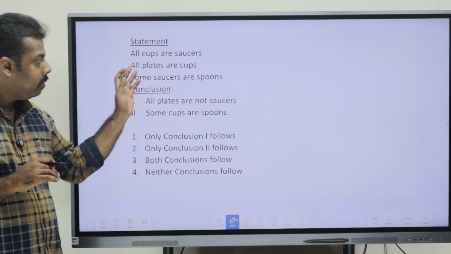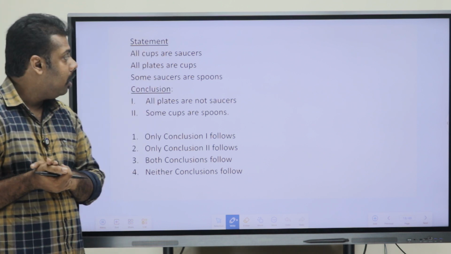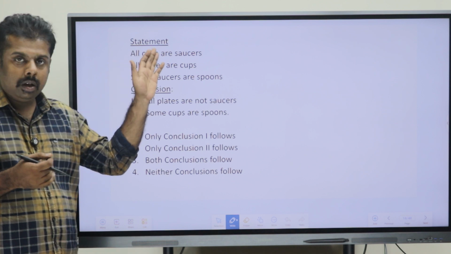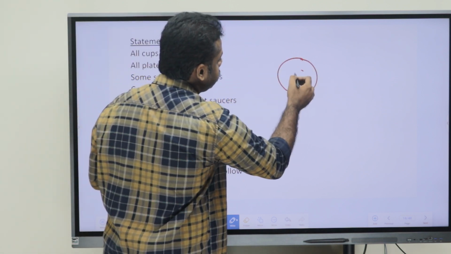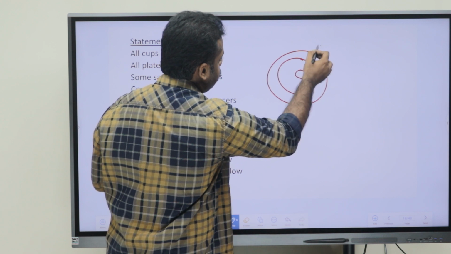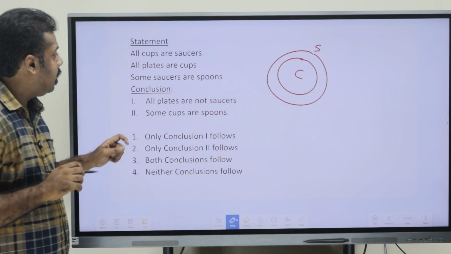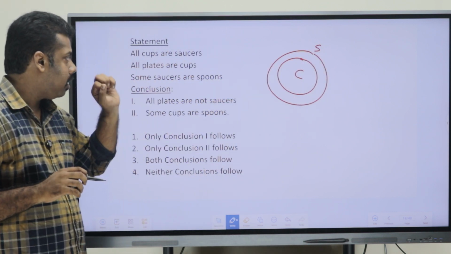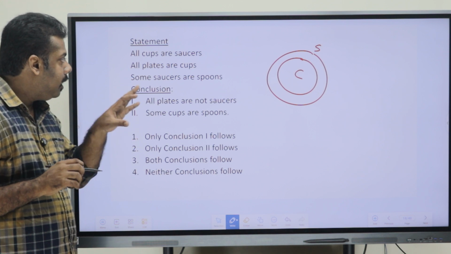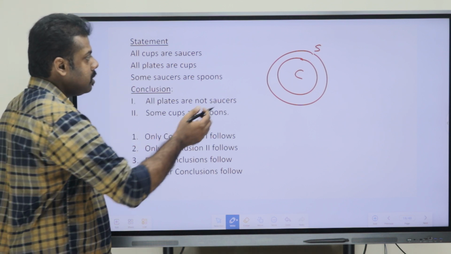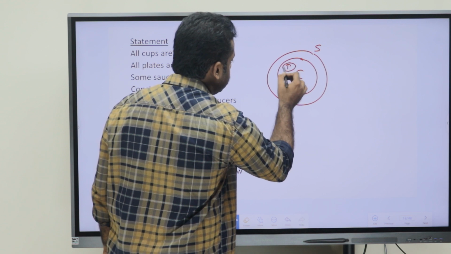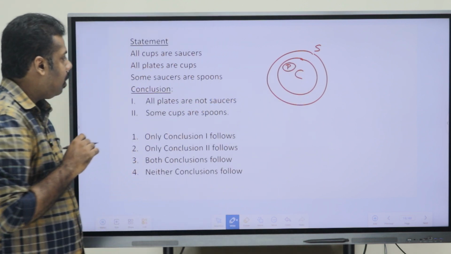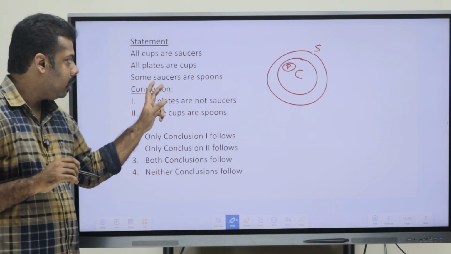Okay. Now just discussing this question as well. What does the first statement say? All cups are saucer. Okay. So all cups are saucer. Now the second statement, what does it say? All plates are cups. So that means plate is entirely inside cup. So cup is this portion. So we can say that plate has to be inside the cup. Okay. Now what does the third statement say?